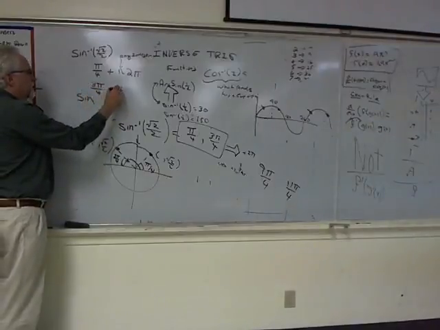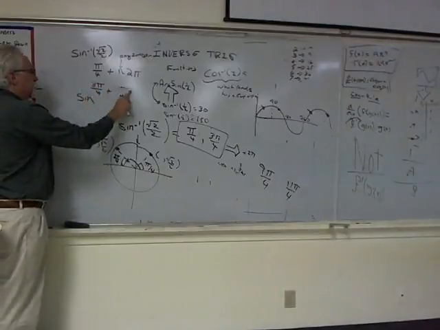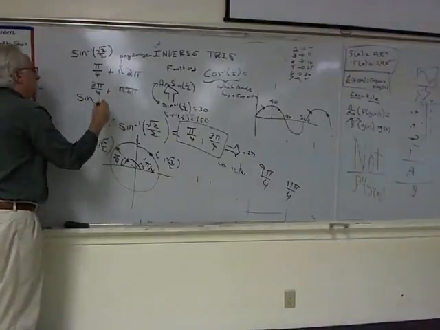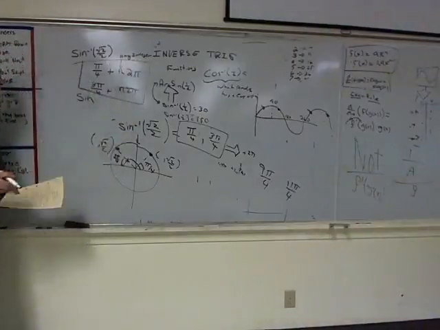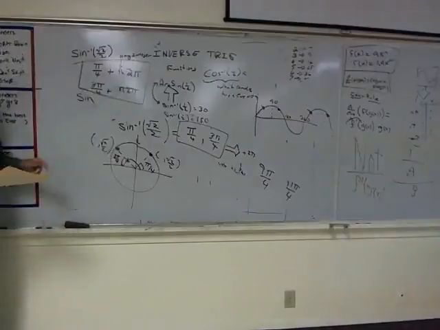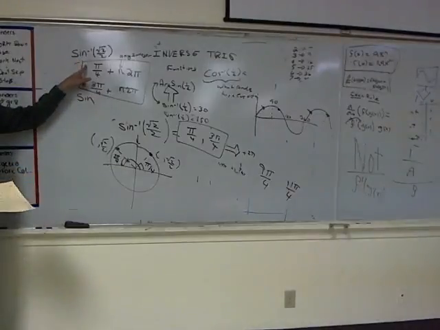Okay. What is this one in radians? This is how many radians? Pi over 2. No, pi over 4. Okay. Sierra, what is this angle here?